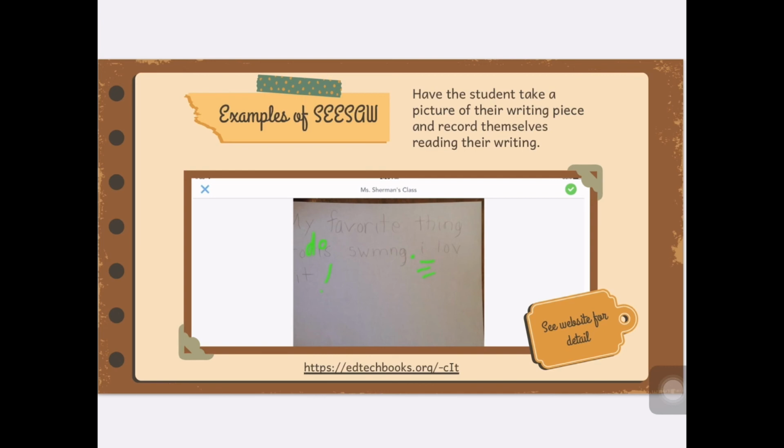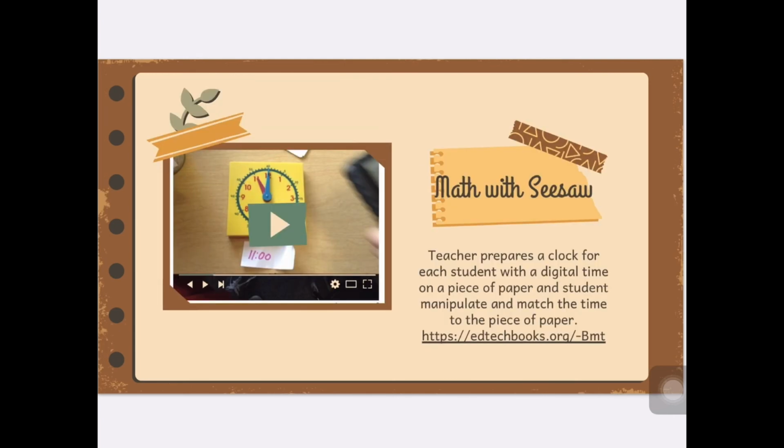Okay, next one, math with Seesaw. Teachers can prepare a clock for each student with a digital time on a piece of paper and let students manipulate and match the time to the piece of paper, so they can move around the long hand and the short hand so that it matches with the time strip. Okay.